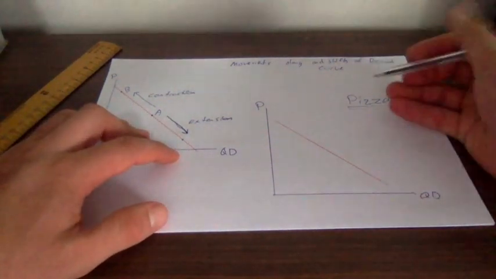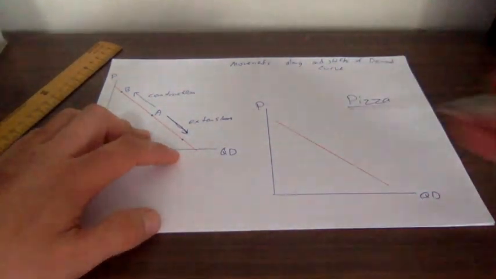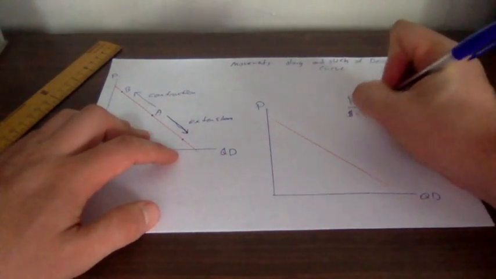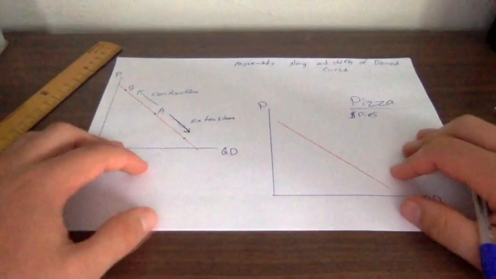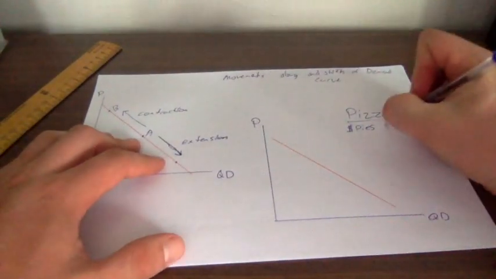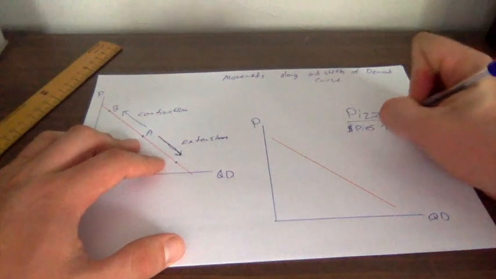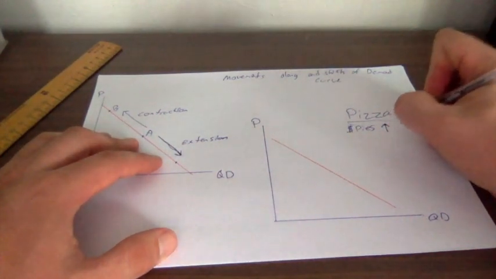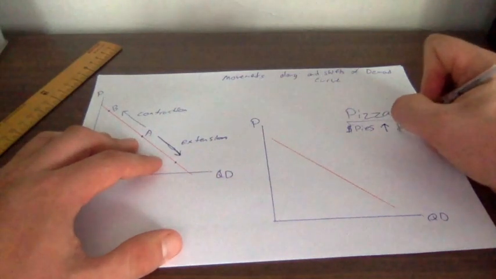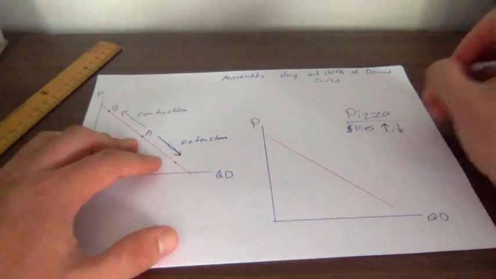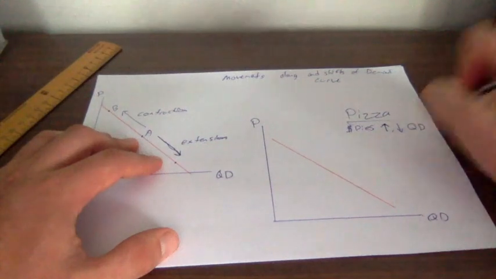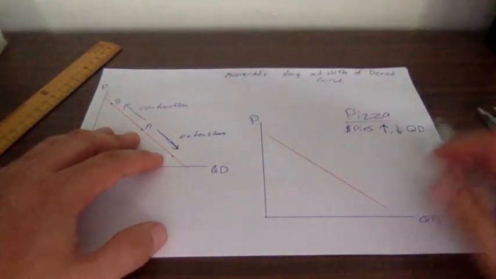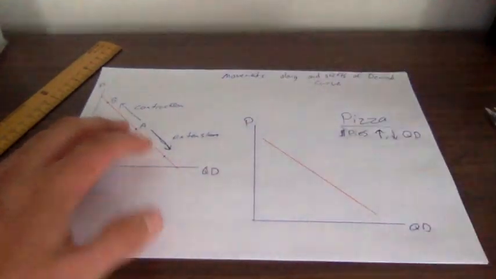We use the example from the question, the price of pies. If the price of pies increases, this is therefore going to lead to an increase in demand for pizza, a decrease in quantity demanded of pies. Okay? Now, what does this do for us?